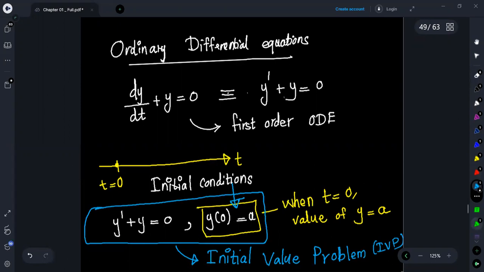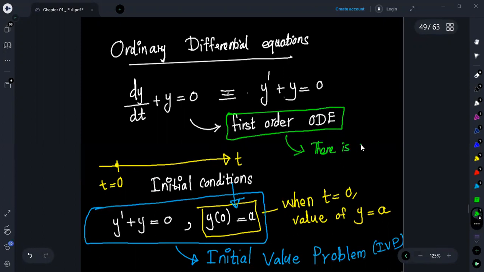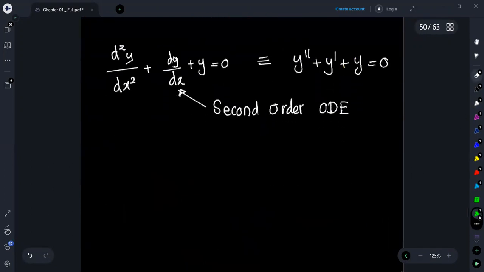So a first order initial value problem means that in a first order ordinary differential equation, there should be one initial condition. This is really important. If the differential equation is a first order differential equation, there is one initial condition.